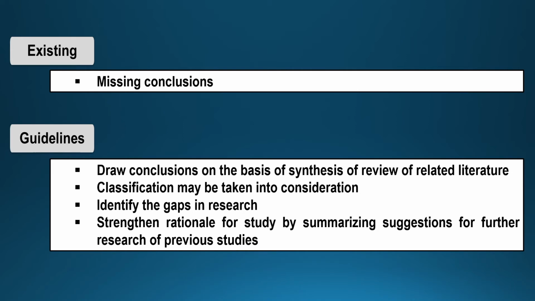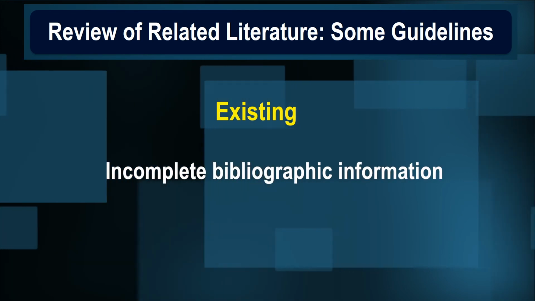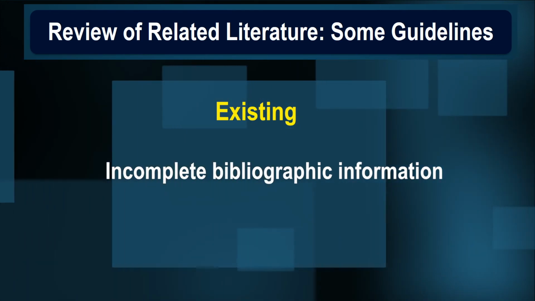When the review of related literature is carried out, the researcher is required to prepare the bibliographic information. And this bibliographic information sometimes is incomplete. Either the complete author name is missing, the pages are missing, or the volume of the journal is missing. So what needs to be done?